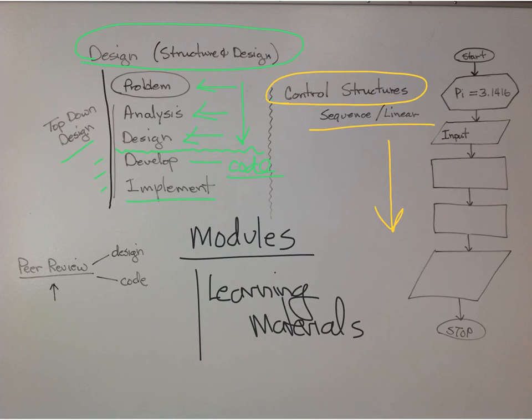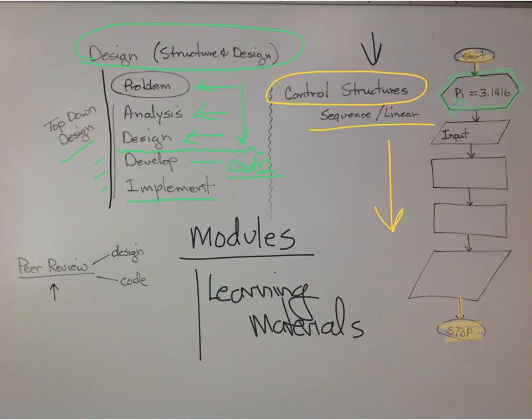Alright, control structures. Our first one is sequence, where you process the items in sequence. So here I have start module, or start diagram, and then the stop flowchart symbol. You notice the start has only one arrow out, the stop has only one arrow in. This is initialization box.